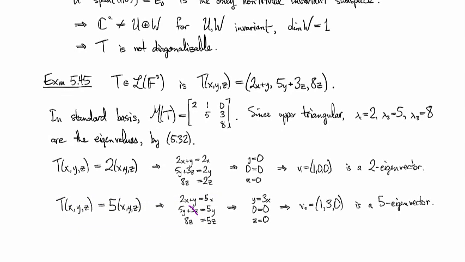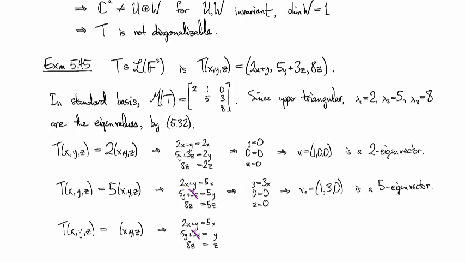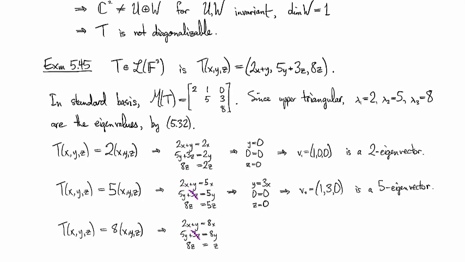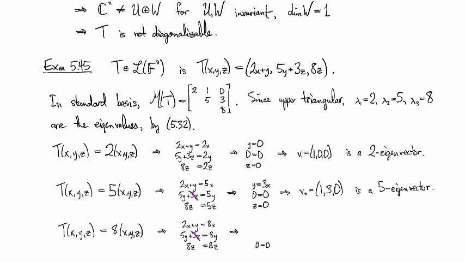Now we take the same thing again, and we do it for 8. The third equation now gives us 0 equals 0.